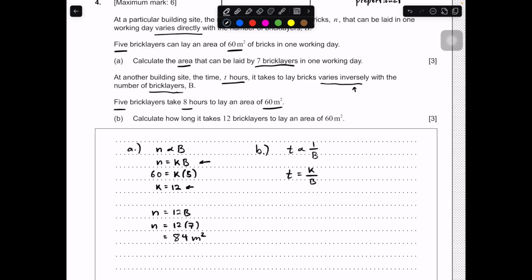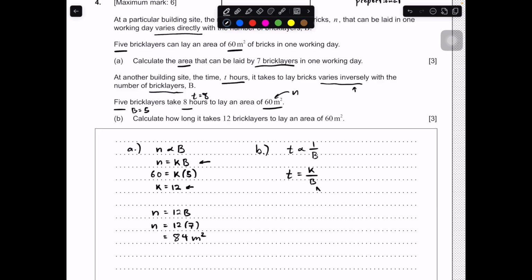In this case, B is equal to 5, and T is the other value right here. This is kind of like a red herring. We don't actually need the area for this formula.